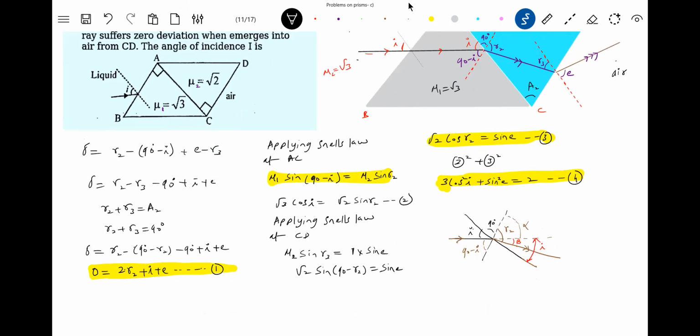I plus 90 degrees plus R2 plus alpha equal to 180 degrees. R2 equals beta plus alpha.